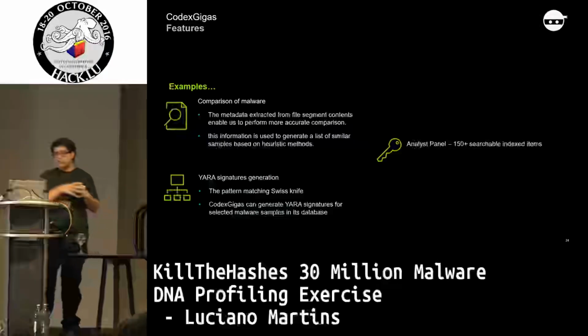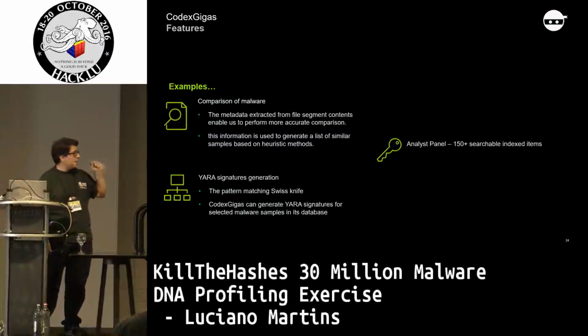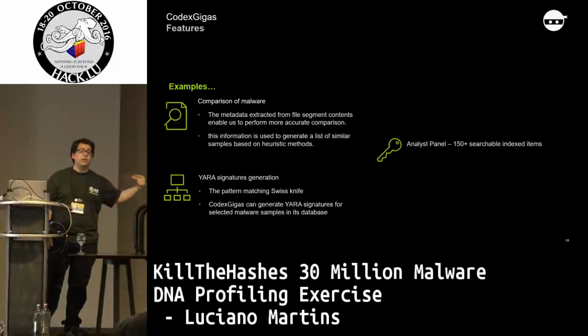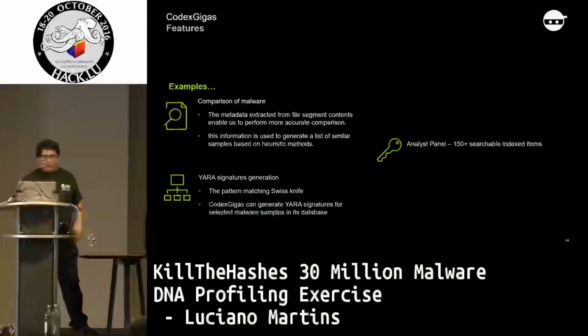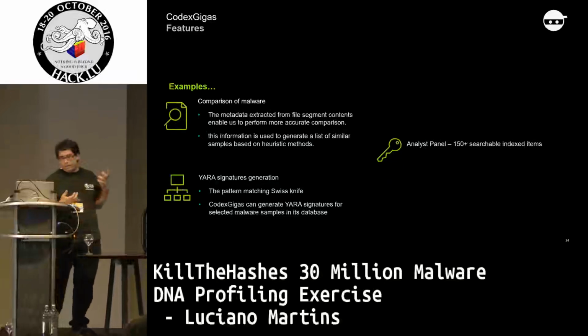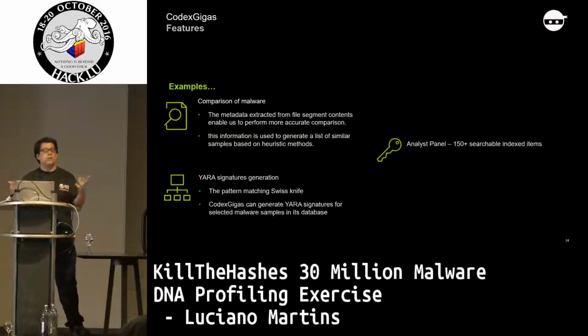So you're hunting for a family, you select the files, and you can build a rule that will actually protect you for that given family if it stays in a normal pattern like that. And of course, we bring you what we call the analyst panel, which is a website with 150 different searchable index items out of each file.